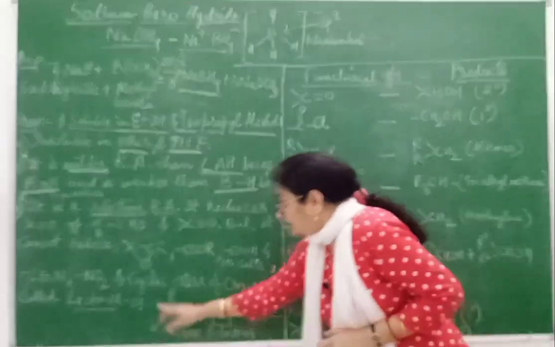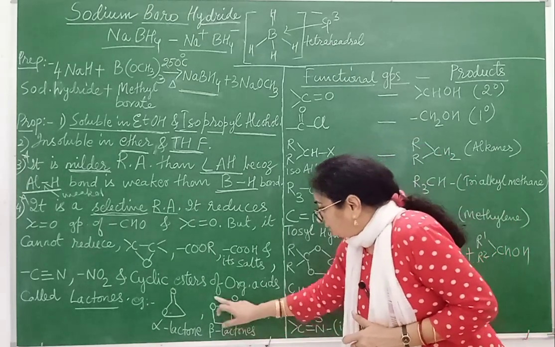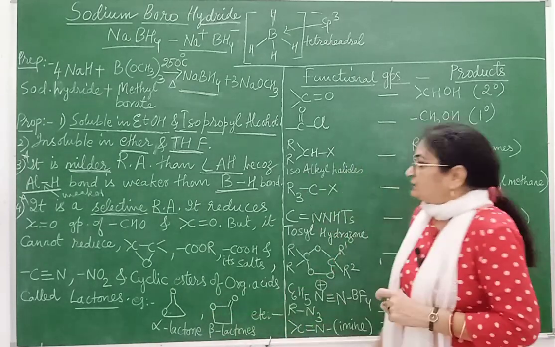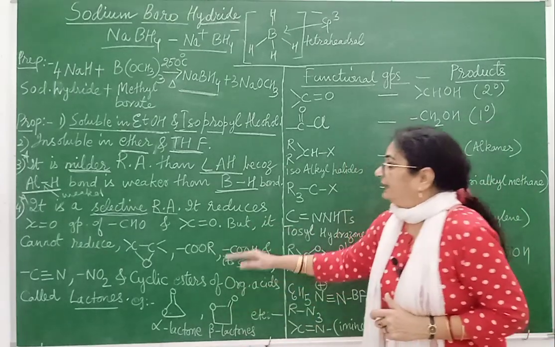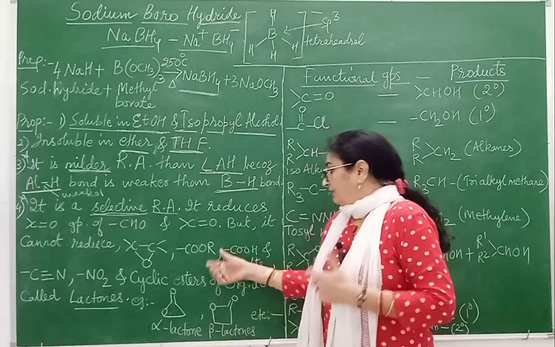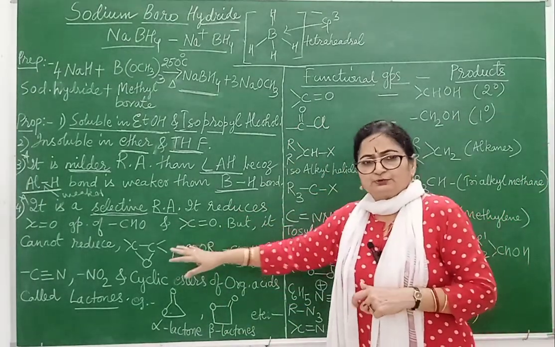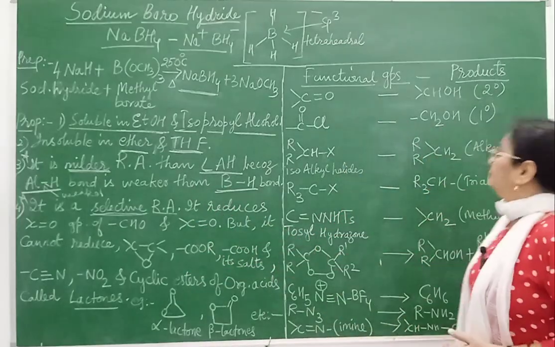Actually it is an ester. The other example is beta lactone. Here also you can see the ester group is present. So these functional groups cannot be reduced by sodium borohydride, whereas lithium aluminum hydride is able to reduce these groups, which we have already discussed in the previous video.